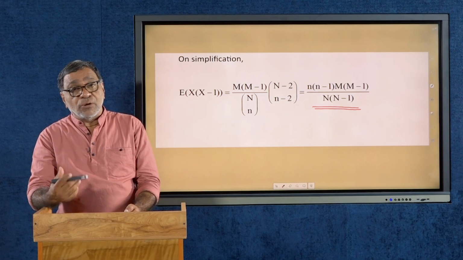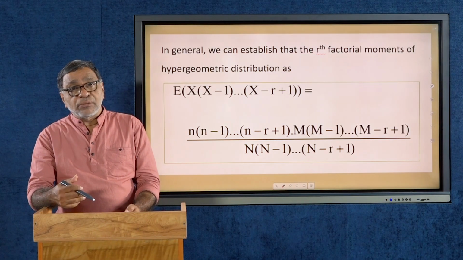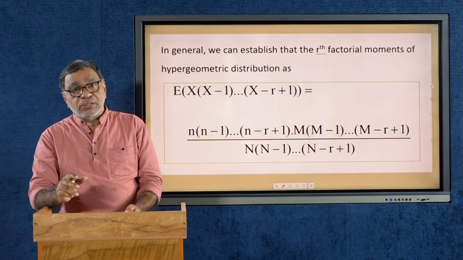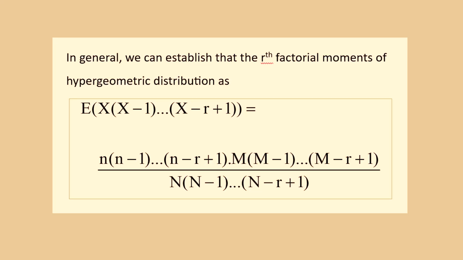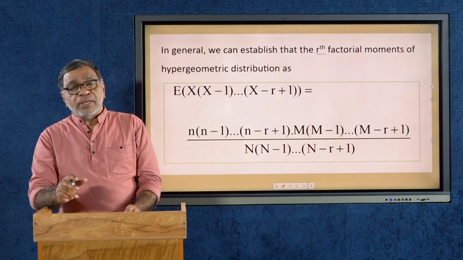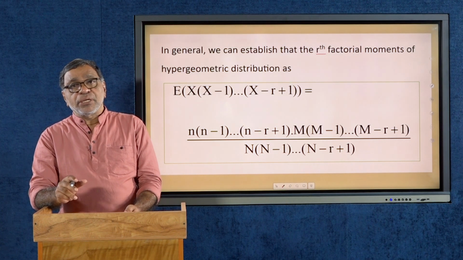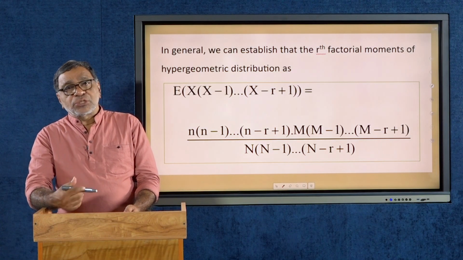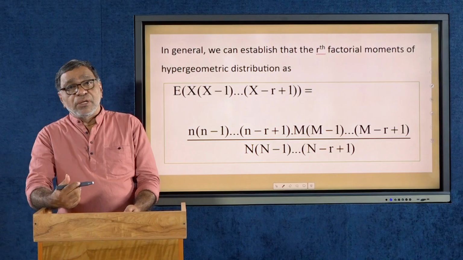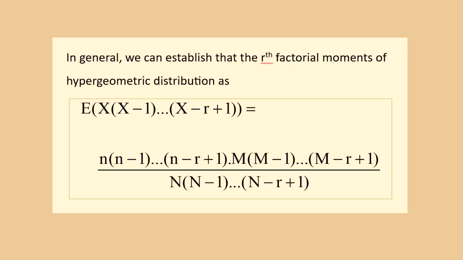You can find any order factorial moments, and that is obtained by expectation of x into x minus 1 and so on up to x minus r plus 1 is equal to n into n minus 1 and so on up to n minus r plus 1, into capital M into M minus 1 and so on up to M minus r plus 1, divided by capital N into N minus 1 and so on up to N minus r plus 1. So remember, this is the general expression for factorial moments of the hypergeometric distribution.